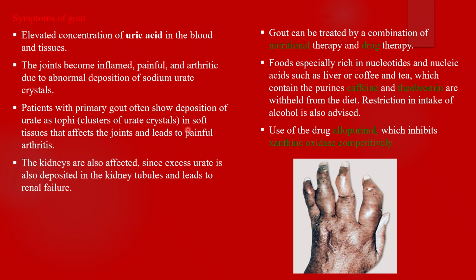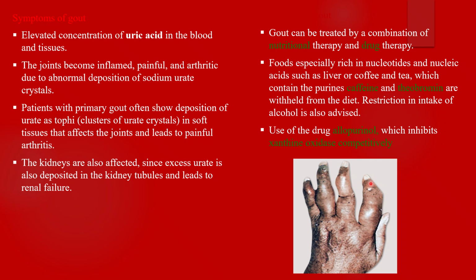In gout, you can see there is an elevated concentration of uric acid in the blood and tissues, and a tendency of this uric acid to accumulate in the joints. The joints become inflamed, painful, and arthritic due to the abnormal deposition of sodium urate crystals. Patients with primary gout often show deposition of urate in the form of tophi.